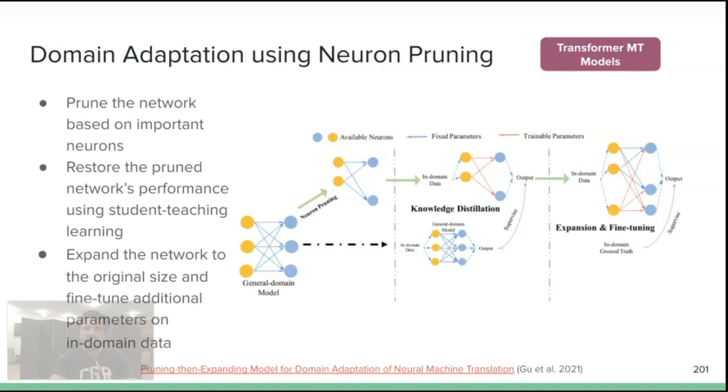In the first step, they rank neurons based on their importance using the Taylor expansion algorithm, where they directly approximate the change in the loss function when removing a particular neuron. In the second step, they remove unimportant neurons from the network and try to restore the loss in performance via a student-teacher model, where the full model is the teacher and the pruned model acts as the student.